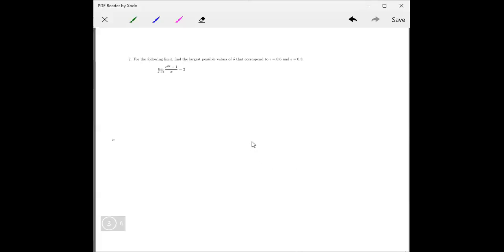So in summary, the first part was 0.252, and the second part was 0.137. Those are the 2 answers, according to what I showed you in Geogebra. I graphed this, and then I graphed 2 plus epsilon and 2 minus epsilon, and then found the intersections and the closest value.